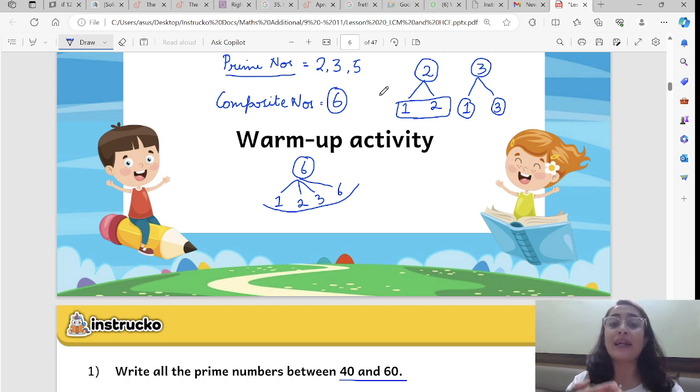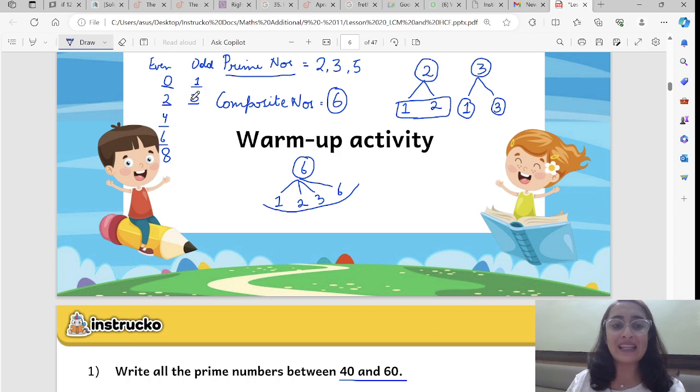All the numbers that are divisible by 2 are even numbers. Basically, all the numbers which have 0, 2, 4, 6 or 8 at the ones place are called even numbers, and all the numbers which have 1, 3, 5, 7 and 9 at the ones place are called odd numbers.